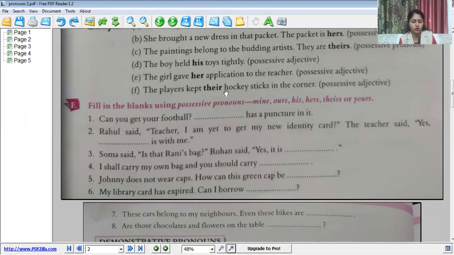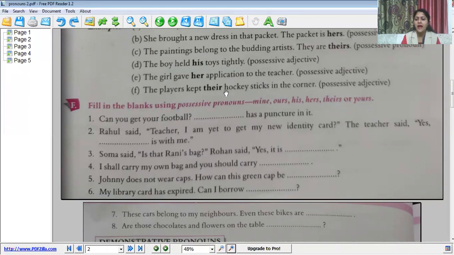Then the next is, these cars belong to my neighbor. Even these bikes are theirs. Because there are many neighbors, right? There are many, so theirs. Are those chocolates and flowers on the table yours? Again, a question is asked, but in that possessive is asked. So fill in the blanks with possessive pronouns.